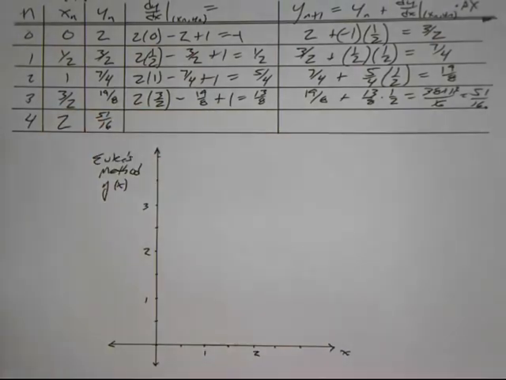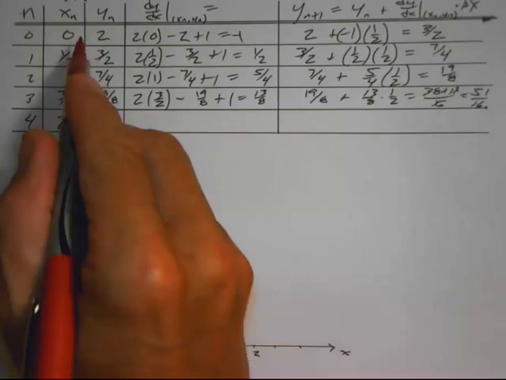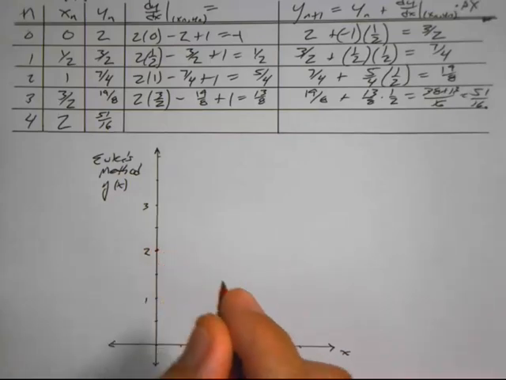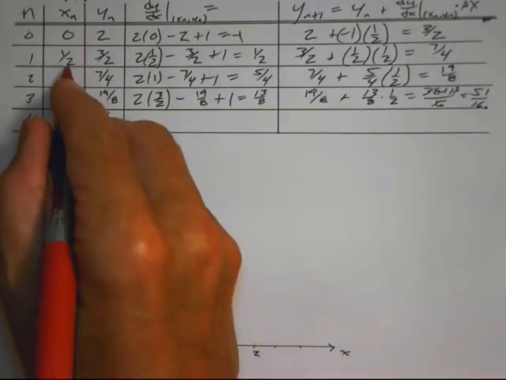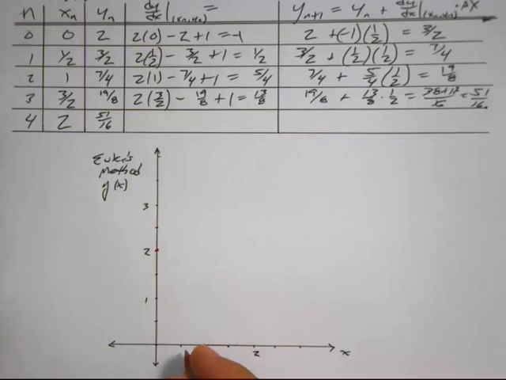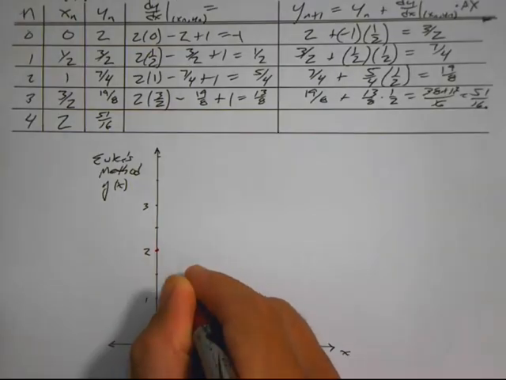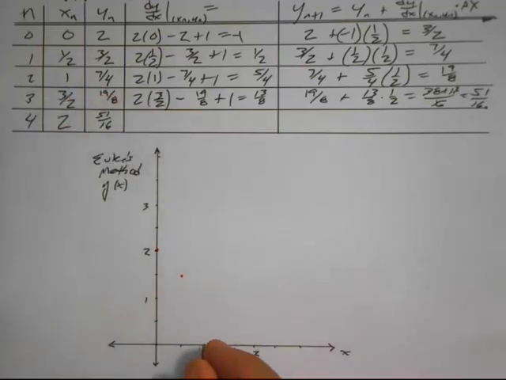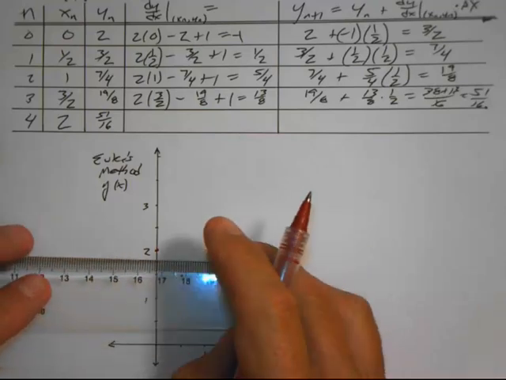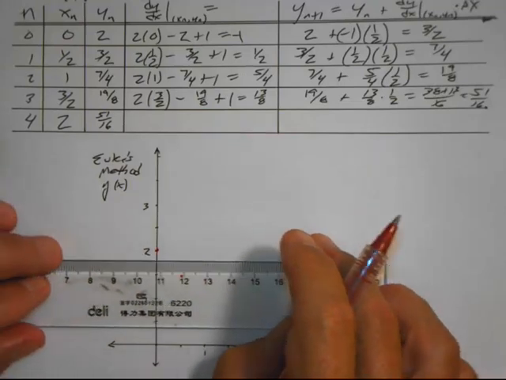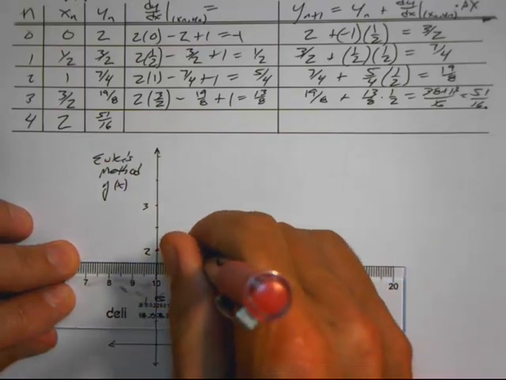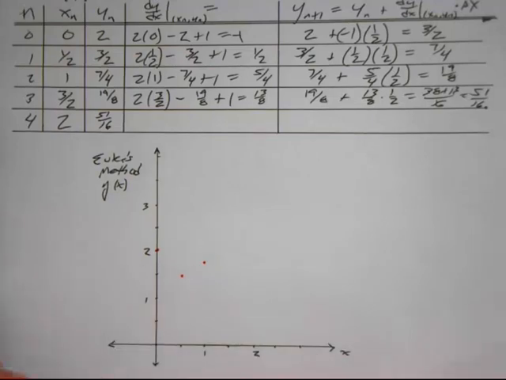Okay, and let's see here. Up here, our first point, the known starting point, 0, 2. There, and then we have 1/2, 3/2. There. 1, 7/4. It's almost 2. Let's put this here. 3/2, 19/8.